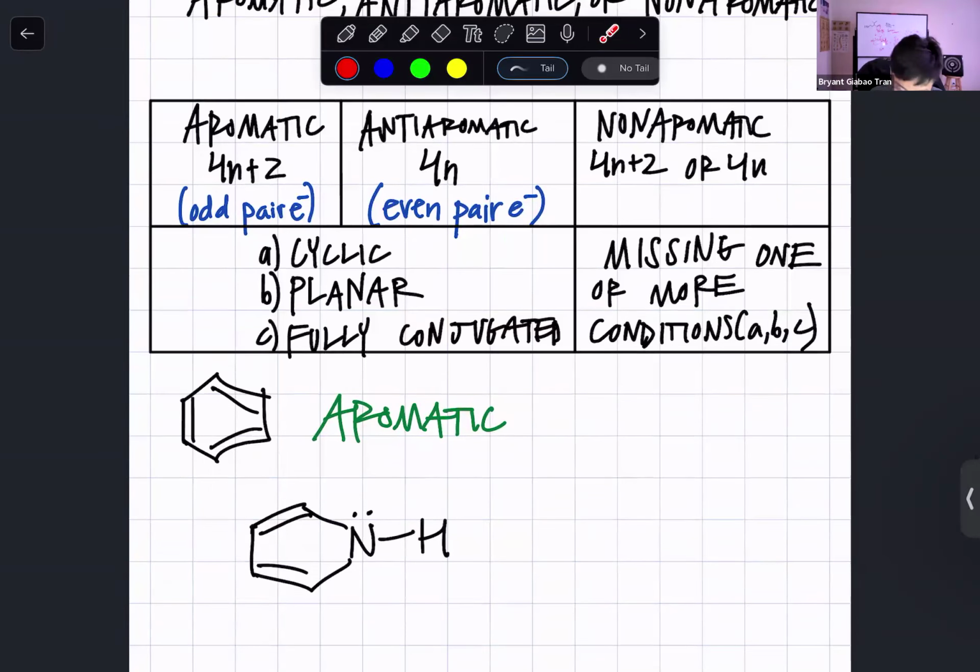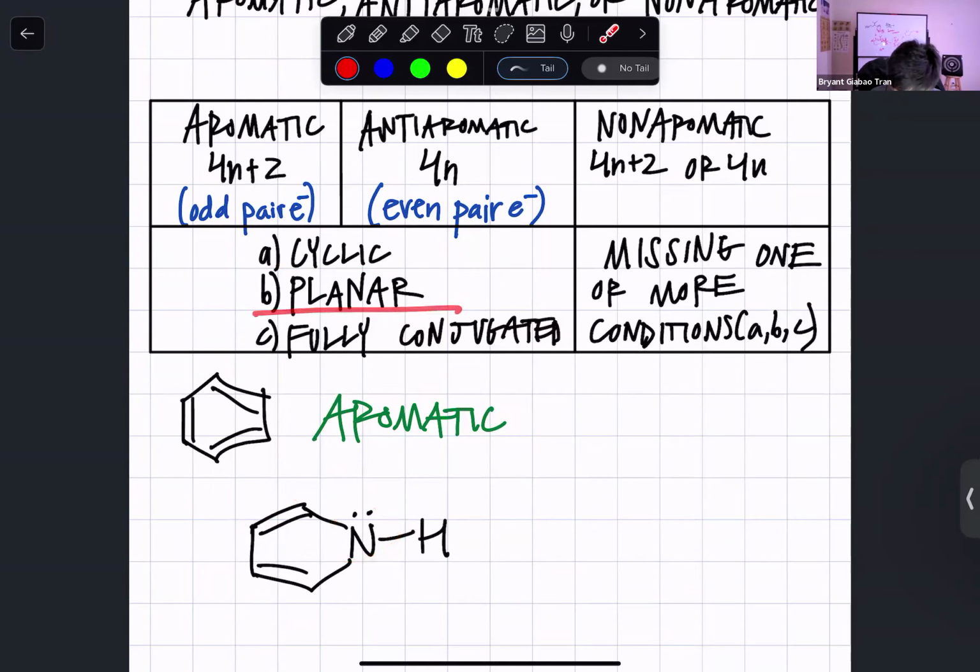Okay, so it is going to be considered cyclic because this is a whole ring or cycle right here, and specifically this is a heterocycle, right? Because this ring here has carbon atoms and a nitrogen, which makes it a heterocycle, right?